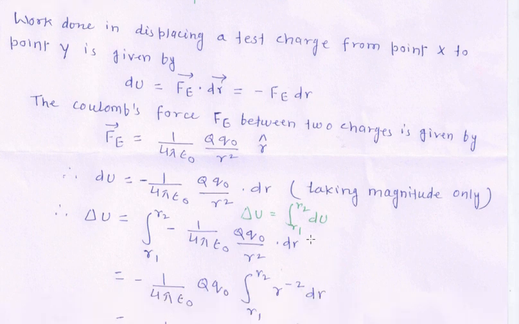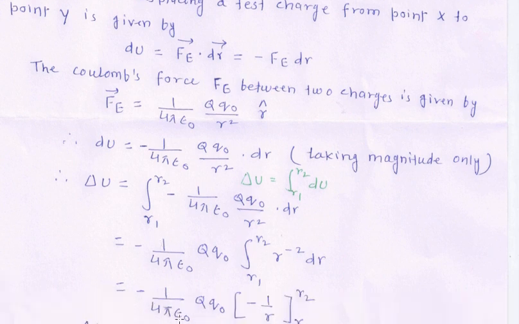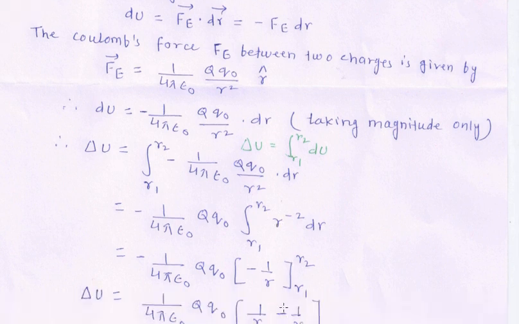This integration we can solve. The constant quantity can be written outside the integral sign. So it becomes minus 1 upon 4 pi epsilon 0 Q Q0 times the integration from R1 to R2 of R raised to minus 2 dr. Now the integration of R raised to minus 2 is minus 1 upon R, with limits R1 to R2.